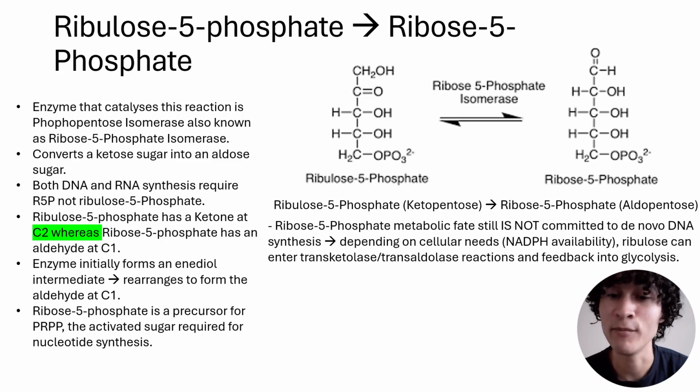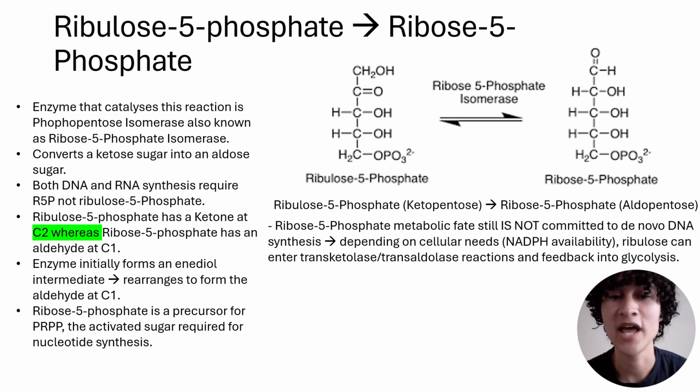It forms an unstable beta keto intermediate, okay, and then that carboxyl group on that C1 leaves, okay, getting CO2 as a byproduct. Now we have our ribulose 5-phosphate, and the enzyme phosphopentose isomerase, or ribose 5-phosphate isomerase, will convert ribulose 5-phosphate into ribose 5-phosphate.